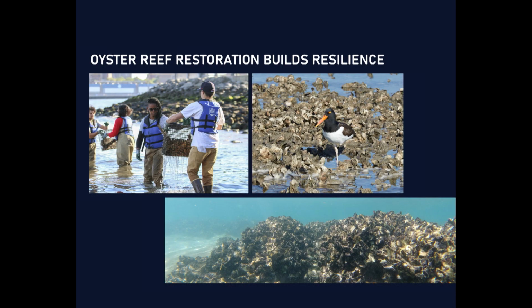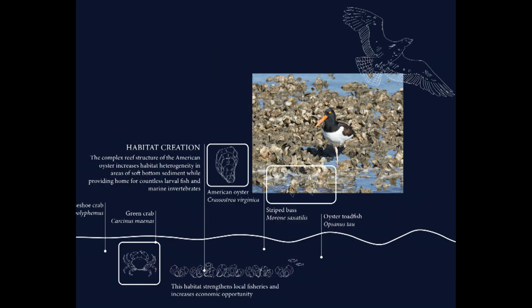I could talk about them for an hour, but the 30-second version is that oysters are amazing ecosystem engineers that have an extraordinary ability to alter their local environment. They function as critical ecological infrastructure by increasing biodiversity and providing habitat for countless marine organisms, the benefits of which propagate up the trophic web, so then we see stronger fisheries of commercially valuable fish.